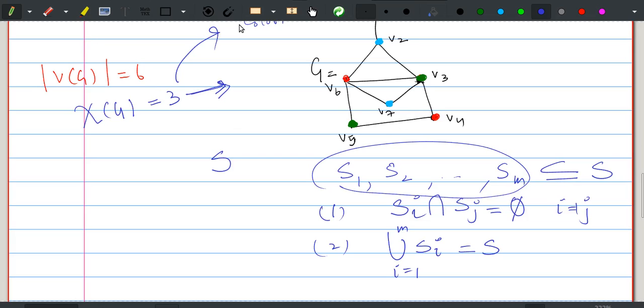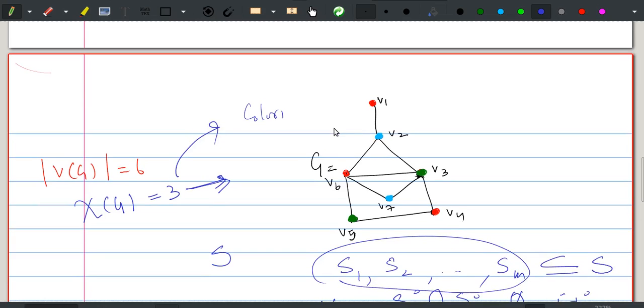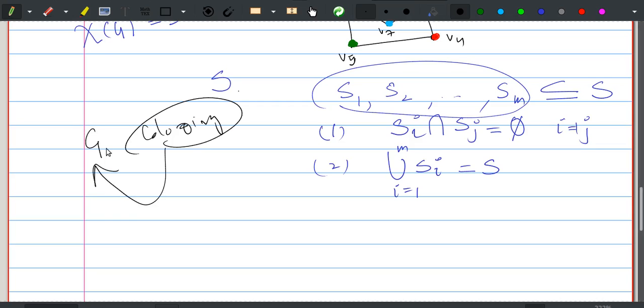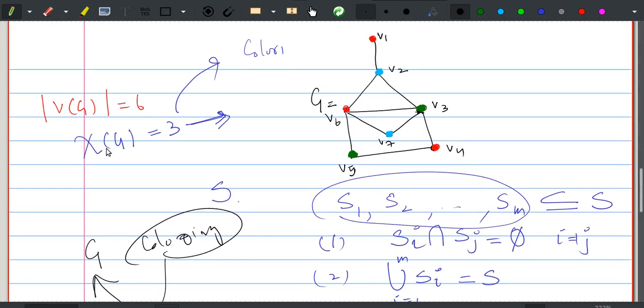Now what is our claim here? We claim that if we are given a graph G and a coloring of G, then this coloring induces a partition on the vertex set of G. So how does this induce a partition?